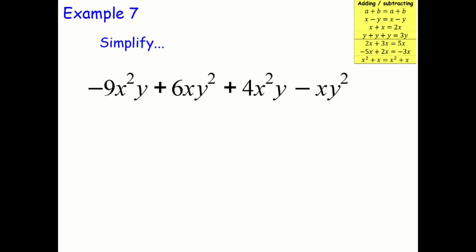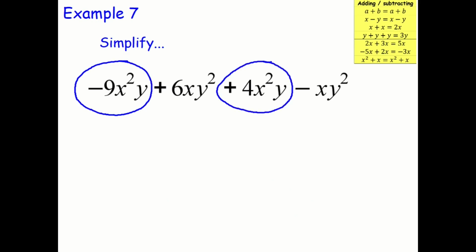Example 7. Simplify minus 9x squared y plus 6xy squared plus 4x squared y minus xy squared. Okay, looks very complicated, but let's have a look for like terms. So this is an x squared y term, an x squared y term. Look really carefully because sometimes they like to catch you out.